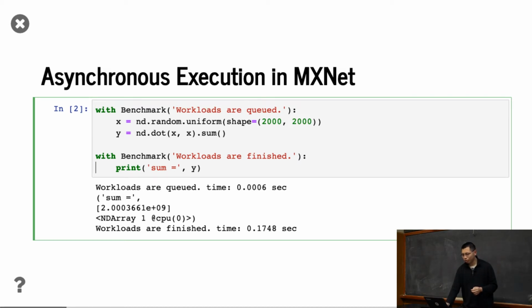Then at the end, we print. In Python it's easy, just printing a scalar, but we actually spent 0.17 seconds waiting, because the front end needs to wait for the result to be ready. So the overhead is here. Sometimes you run a program, it runs pretty fast, and when you print the result it's stuck for a while. It's not because the print is heavy; it's because we just pushed the workload to the backend and it's not finished yet.